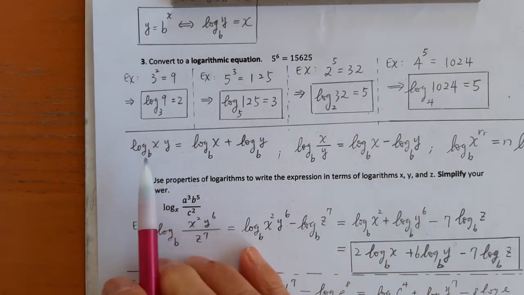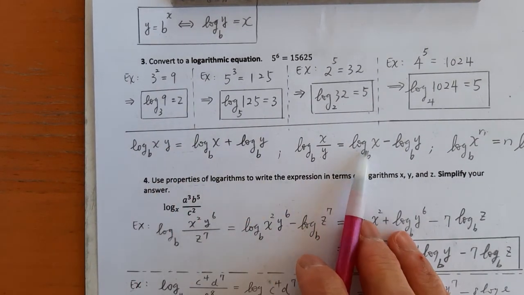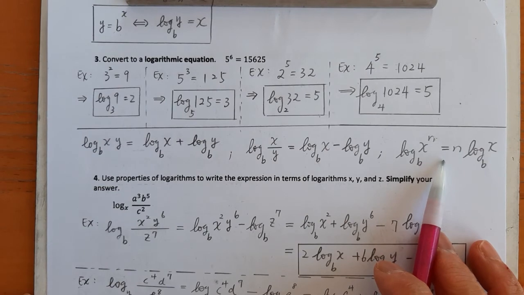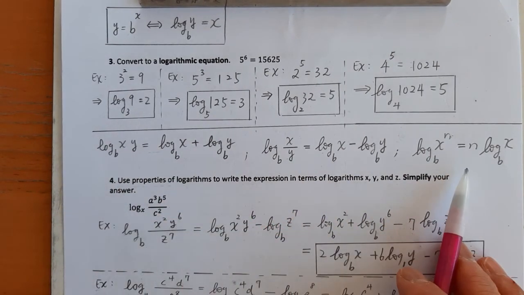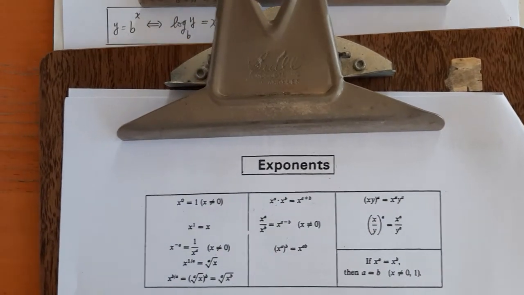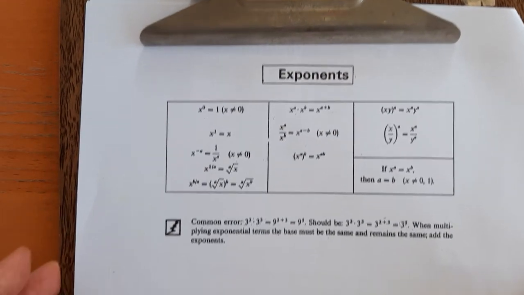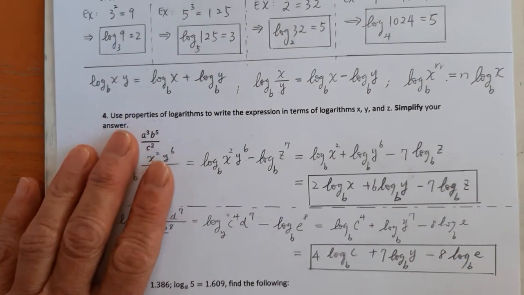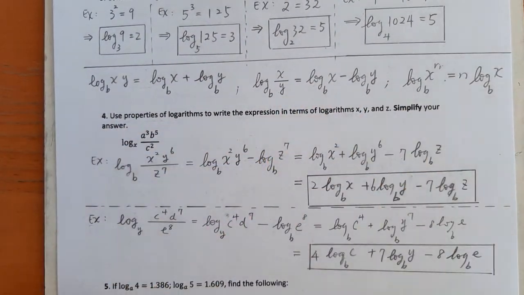And the following are the addition rule, quotient rule, and power rule of the logarithm function. These three rules also come from the exponential function's product rule, quotient rule, and power rule.